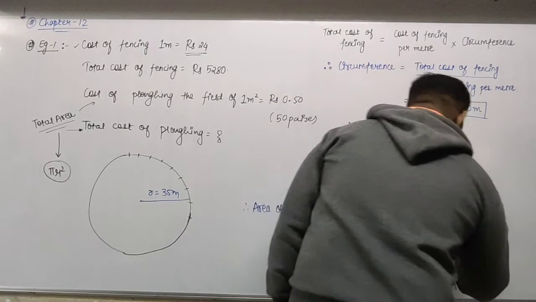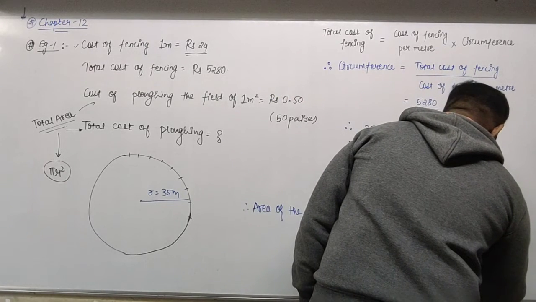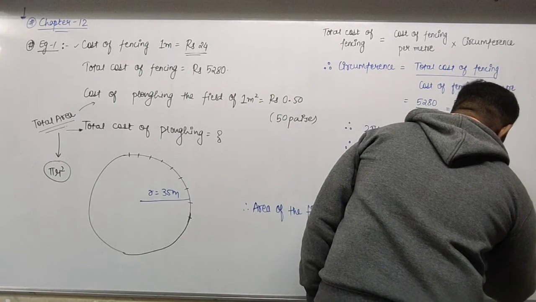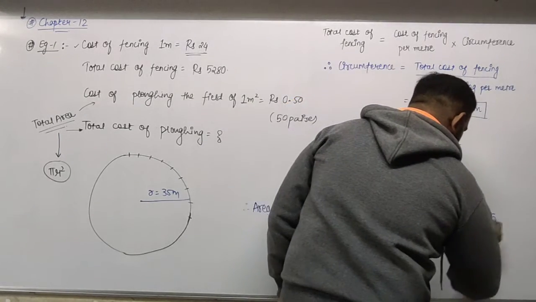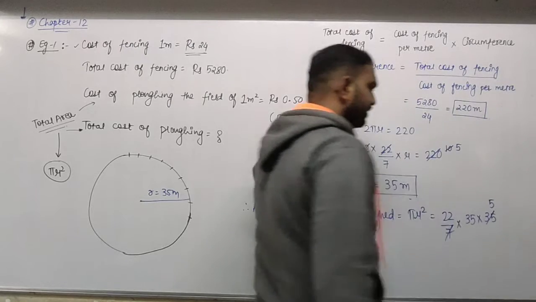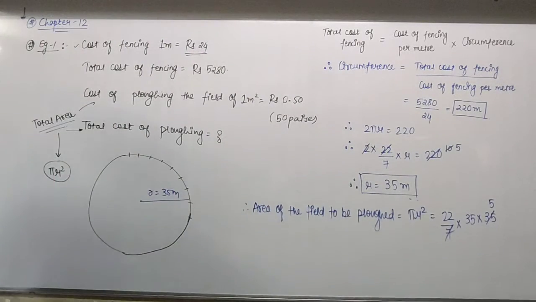The value of pi, that is 22/7 into 35 into 35. 7 into 5 is 35. 7 into 5 35. 22 into 5 110. So 110 into 35, that is 3850. Right?